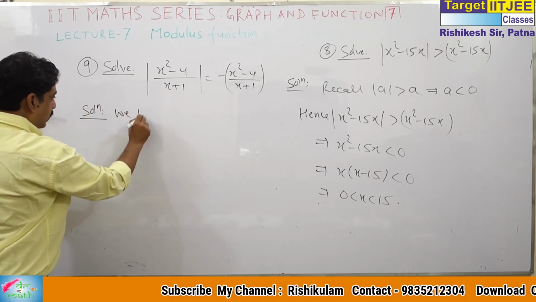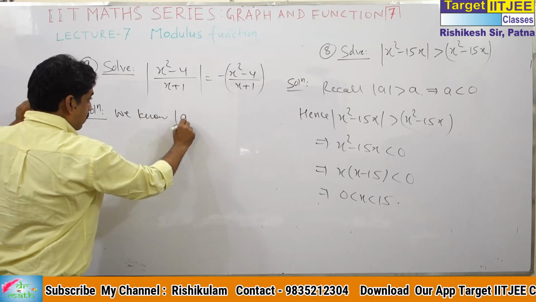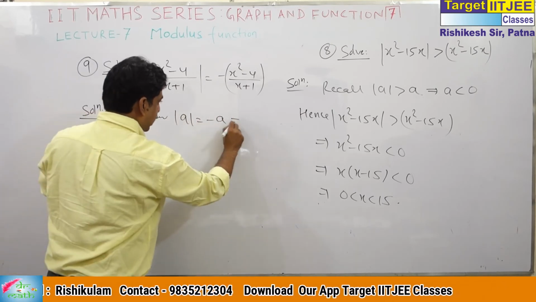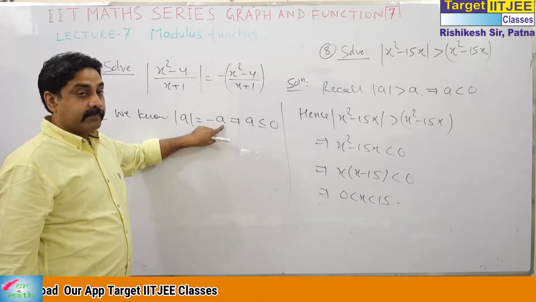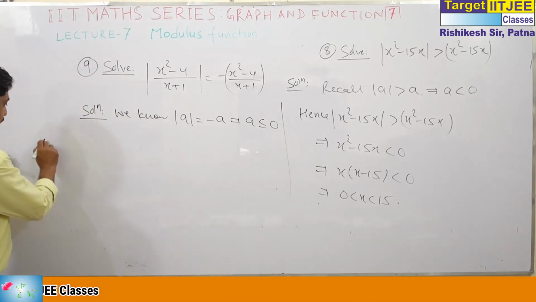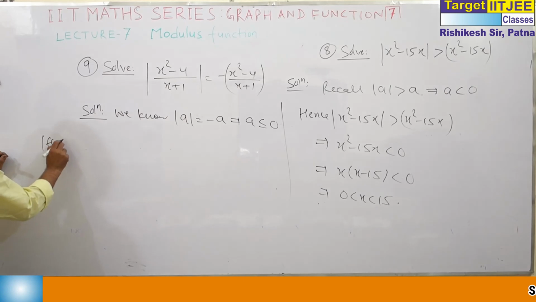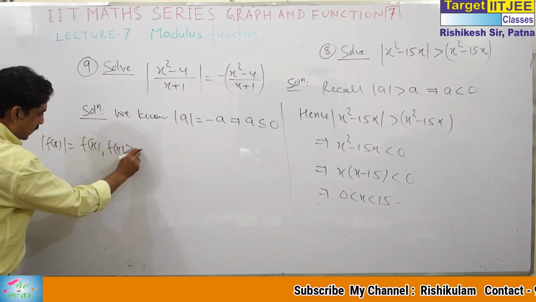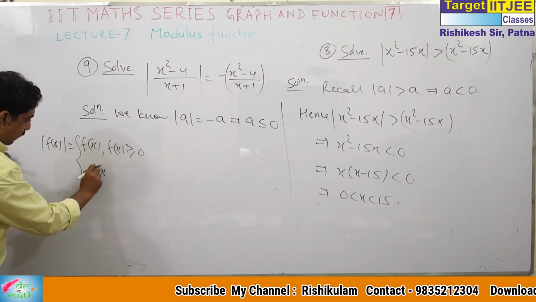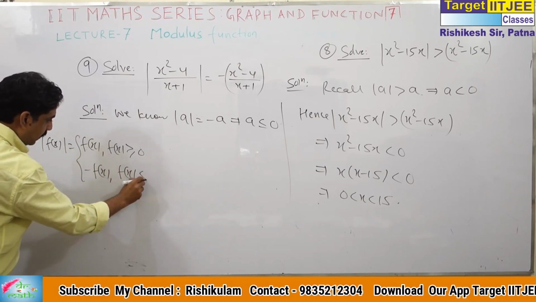We know |A| = −A implies A ≤ 0. I have written this in terms of property, but this is the definition. What is |f(x)|? It is f(x) when f(x) ≥ 0 and −f(x) when f(x) ≤ 0.